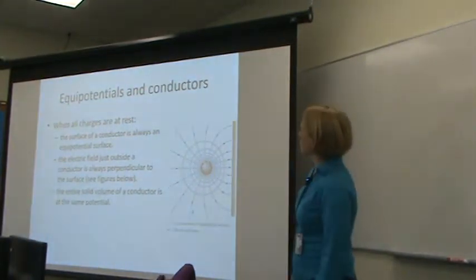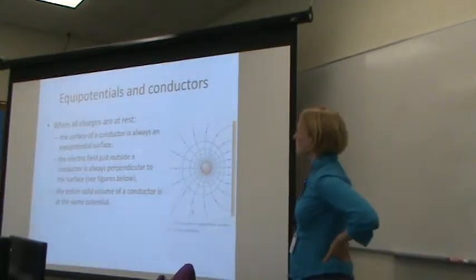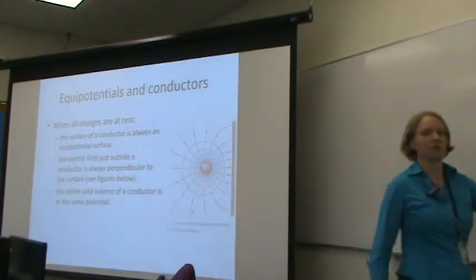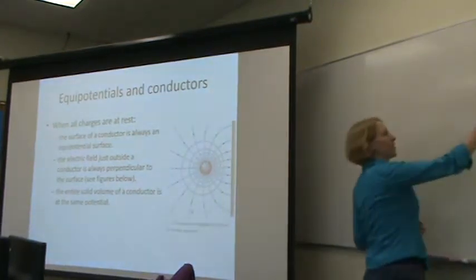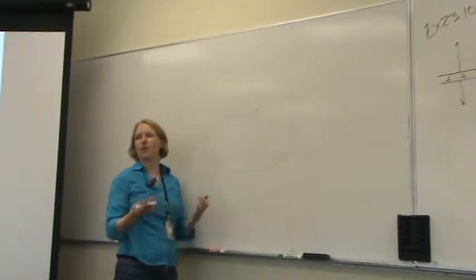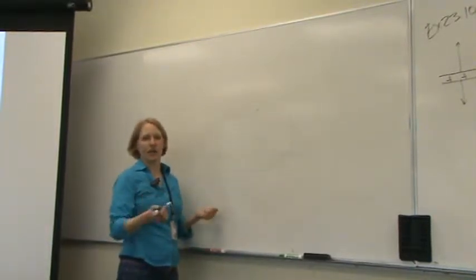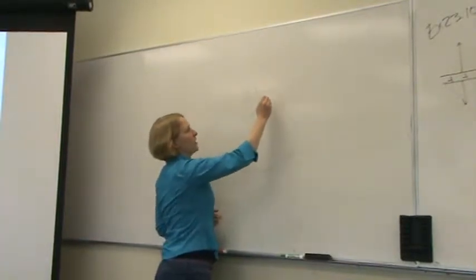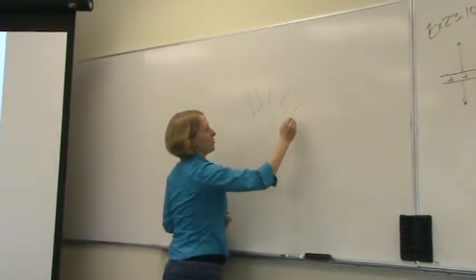The electric field just outside the conductor is always perpendicular to the surface, which we talked about at the beginning of the class when I drew that weird potato-y shape. I said, draw the electric field lines, and we were like, well, how would we do that? And I said, all we have to know is that the electric field is always perpendicular to that surface at all points.